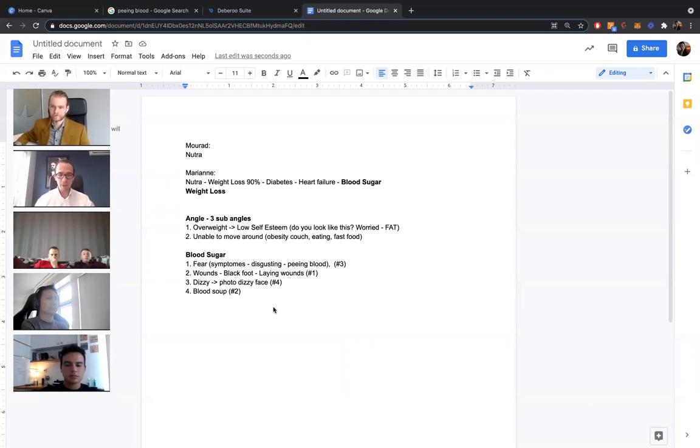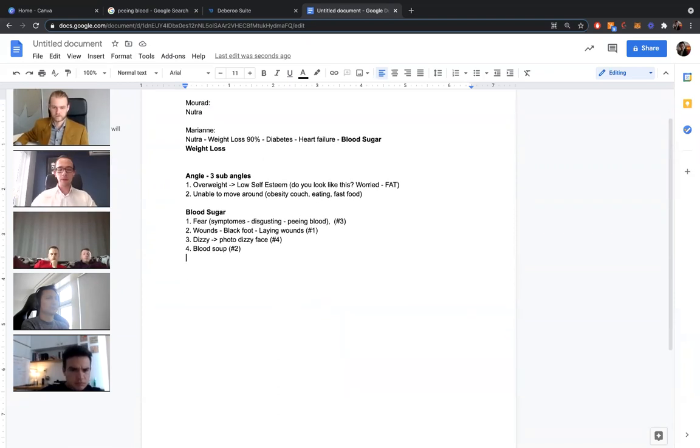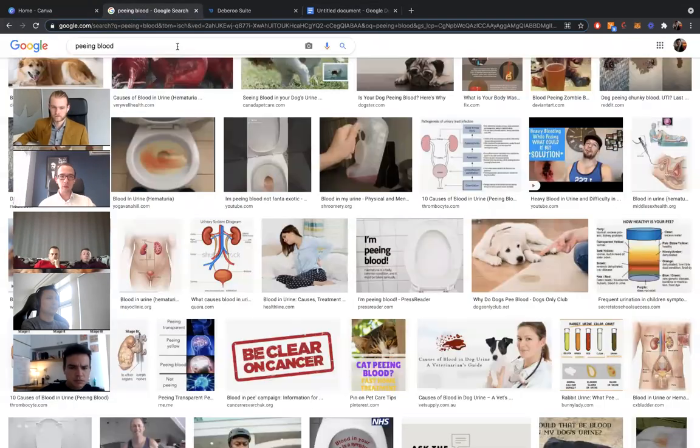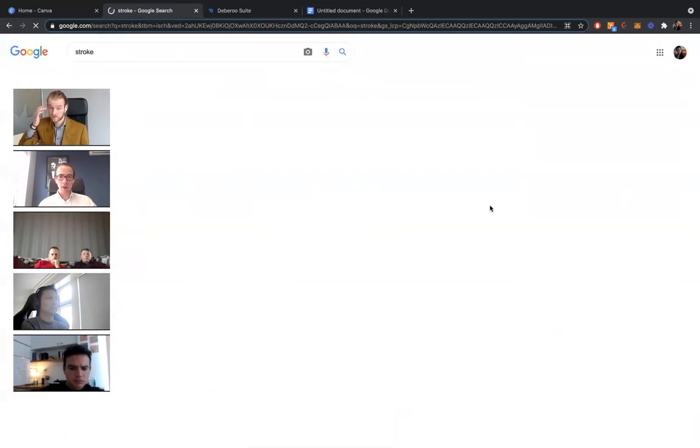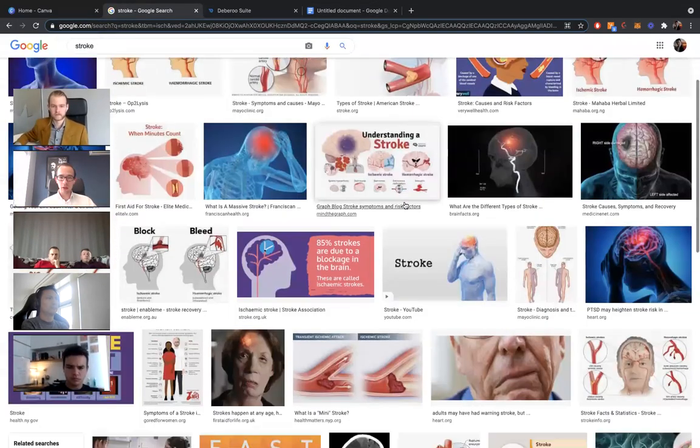Just with that one there, Colin, as well, with the blood sugar, actually I'm running one of these at the moment. And if you look into strokes, heart attacks, going on to the dizzy part, if you put in strokes, there's quite a lot of animated images that show pain coming from the head.